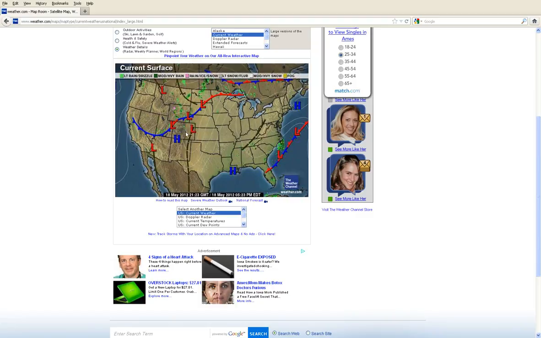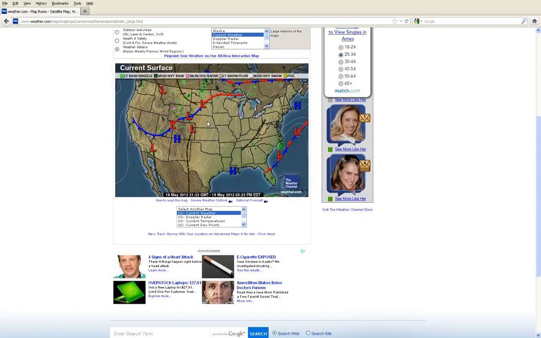Just how I'm using the cursor. So out ahead of low pressure, you would have south-southwest winds. Around high pressure, the winds blow clockwise. So if the winds are blowing clockwise around high pressure and counterclockwise around low pressure, winds on this map would indicate a south-southwest wind across the state of Iowa.